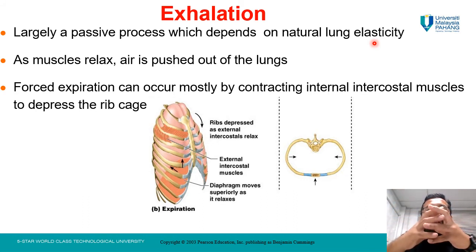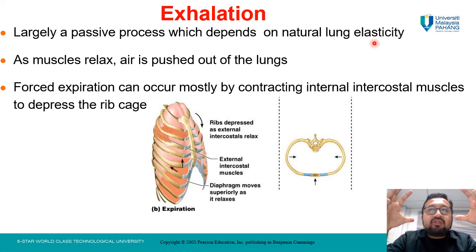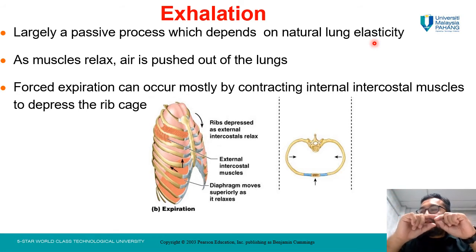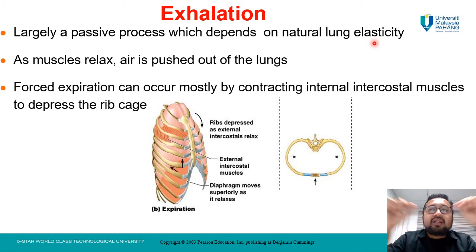Just now we created a large volume to make sure air can enter, and then when it expands, it will shrink passively, meaning we do not put any exertion or effort to make it smaller. It shrinks by itself. Automatically it will shrink its size, like rubber: when we stretch it and release it, it goes back to its original position. That's how the lung works.